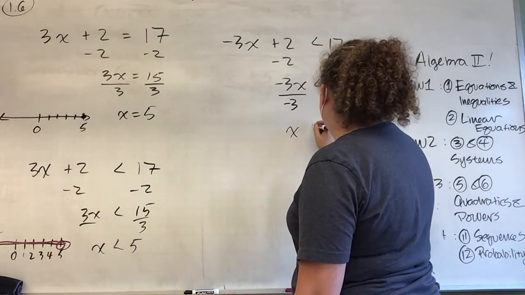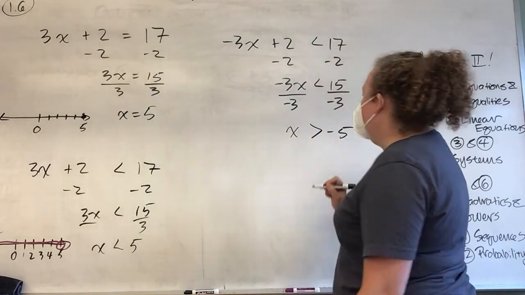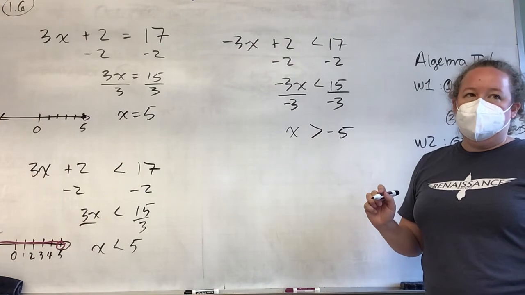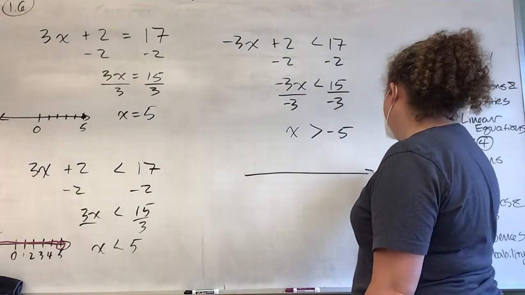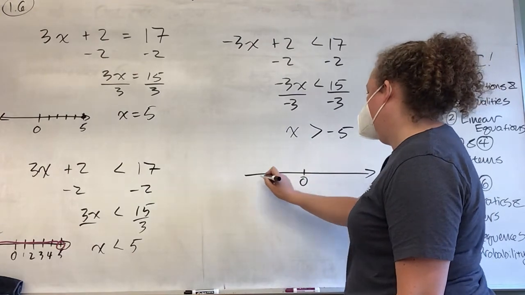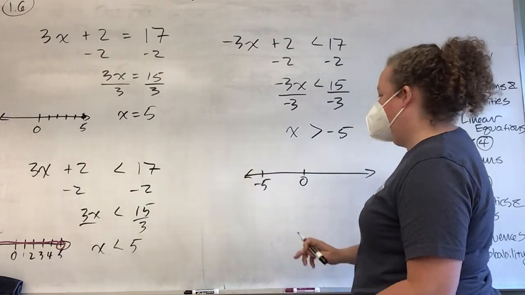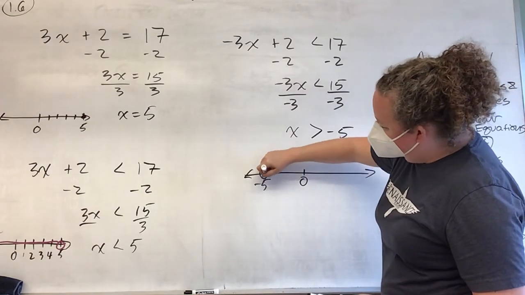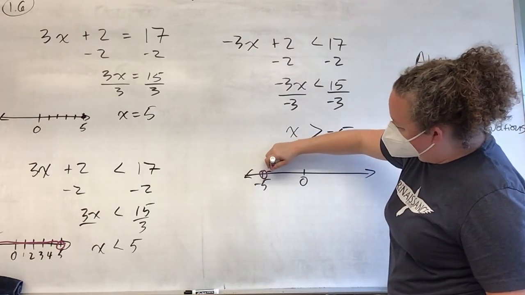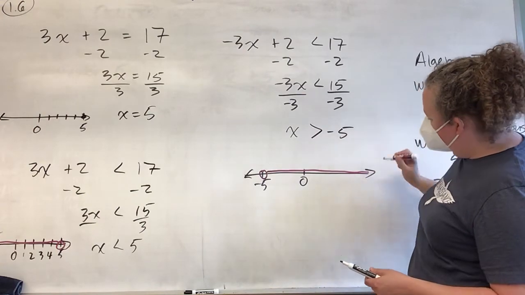So now we're going to have x is greater than negative 5. So this is going to be a very different looking graph. This is going to be an open circle at negative 5.